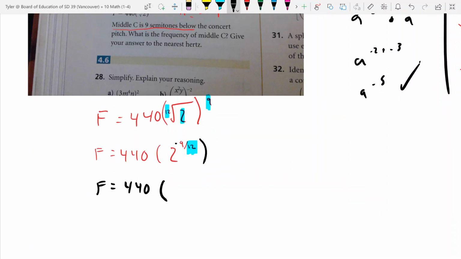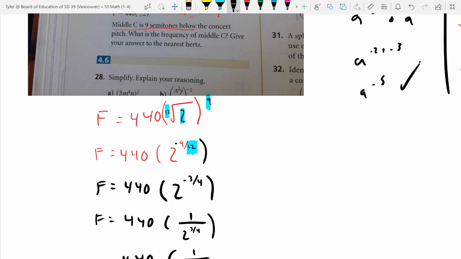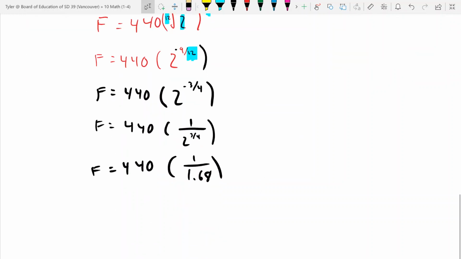There we go. So 2 to the power of negative 3 over 4. Cool. So it becomes 1 over 2 to the 3 over 4, which is like 1.68, something like that.